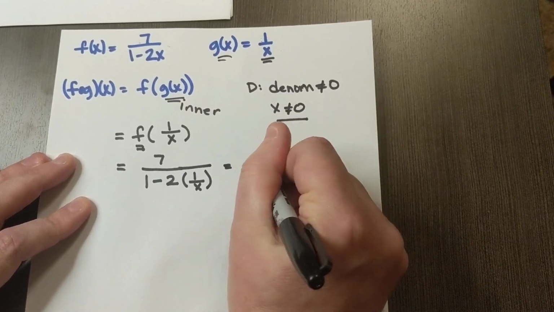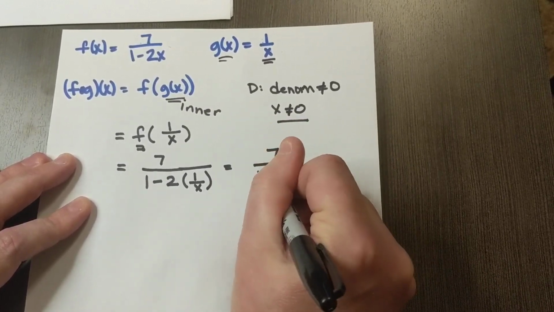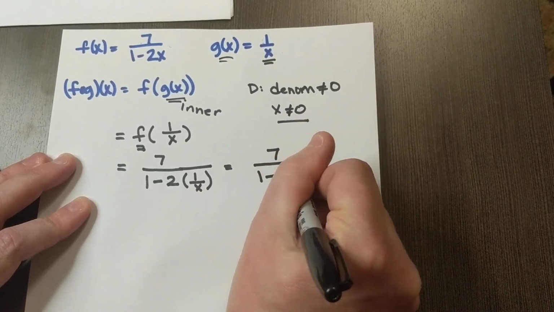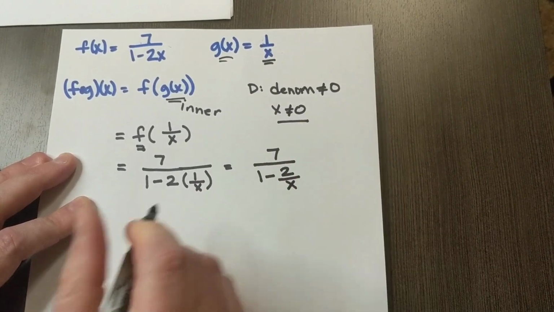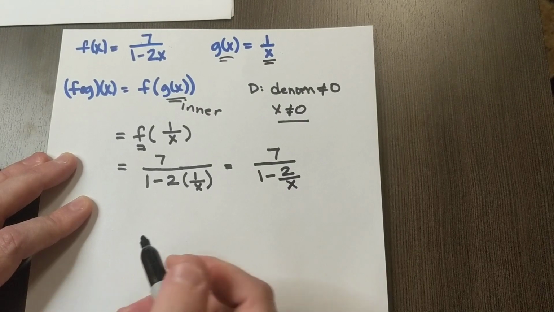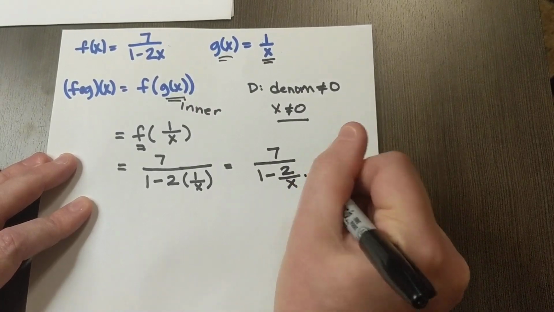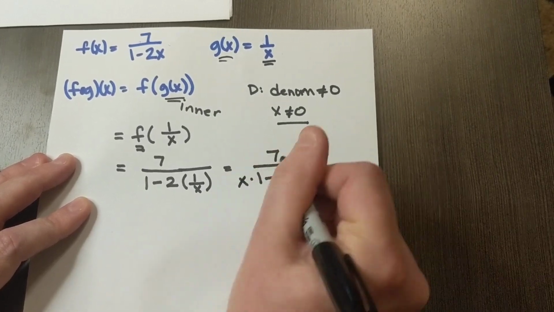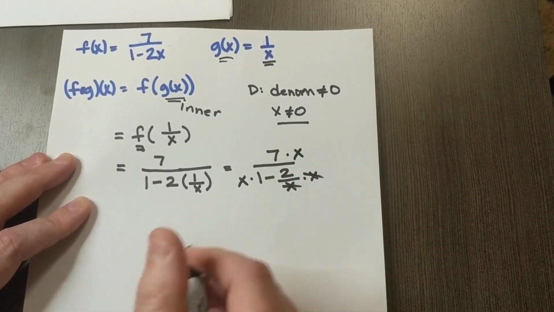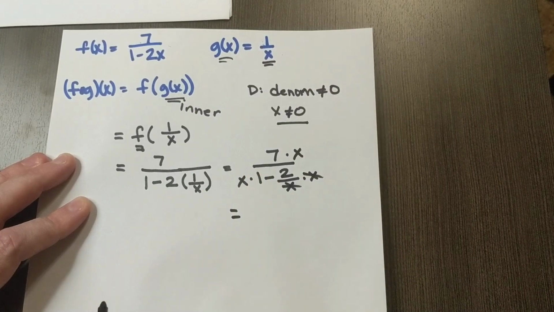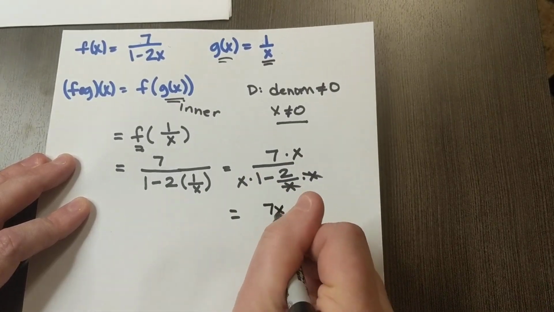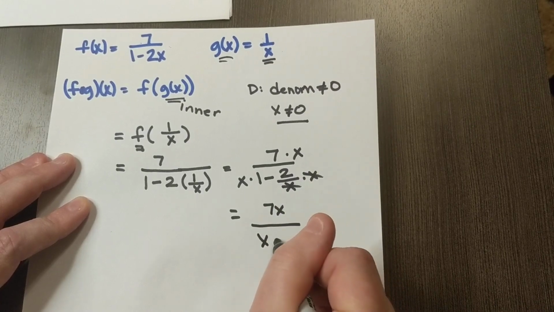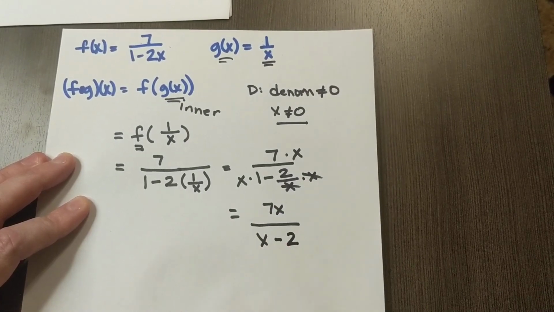That's 7 divided by 1 minus 2 divided by x. Now we can multiply everything by x in order to cancel out this little fraction. So that would leave us 7x divided by x minus 2.